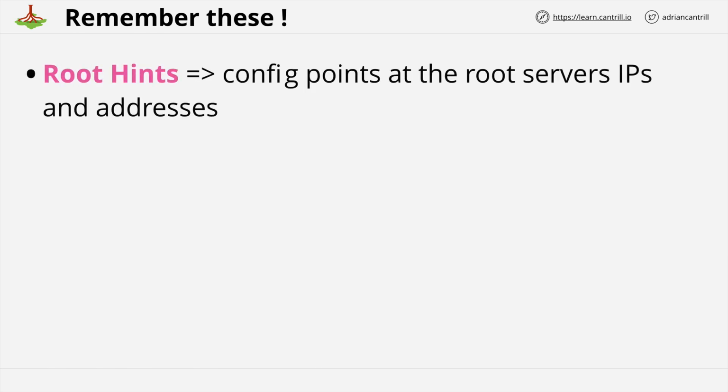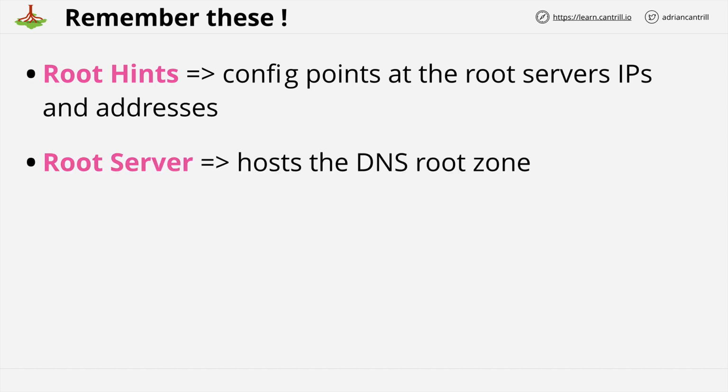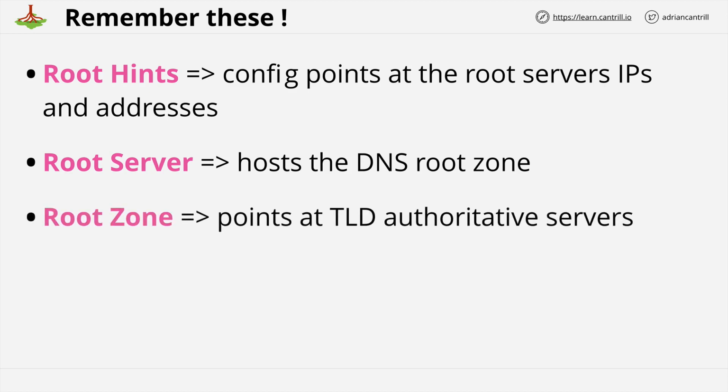First, the root hints file is something that's provided by the operating system vendor and contains a list of all of the DNS root servers. It's basically the fallback way that any DNS server can always talk to the DNS root. Next, we've got root servers, and they're the things that host the DNS root zone. The root zone is the database that has a list, an authoritative list of all of the top level domains.